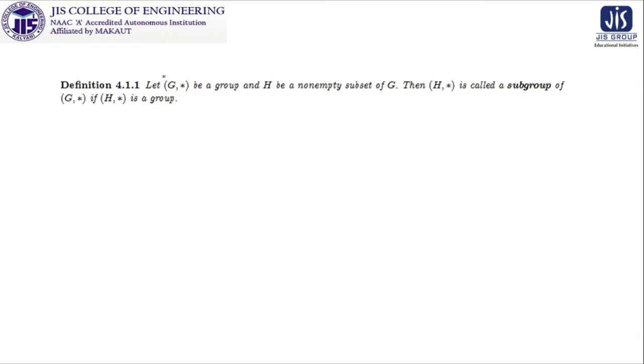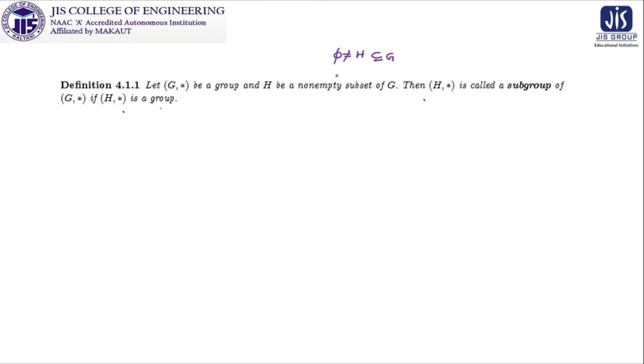So we take (G, *) is a group and H a non-empty subset of G. That means H is a subset of G, and it has to be non-empty. We know that G is non-empty for a group, but we need the subset also to be a non-empty set. Then we take the same operation, the operation for which the group is taken, and H is called a subgroup of G if (H, *) is a group.